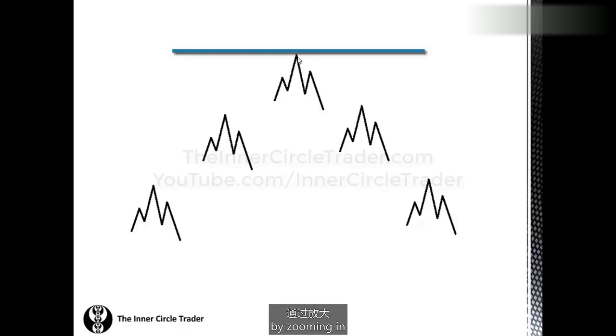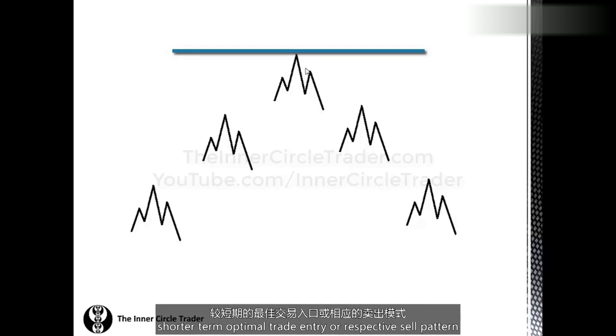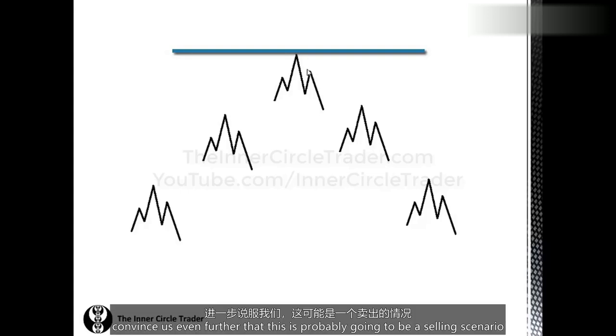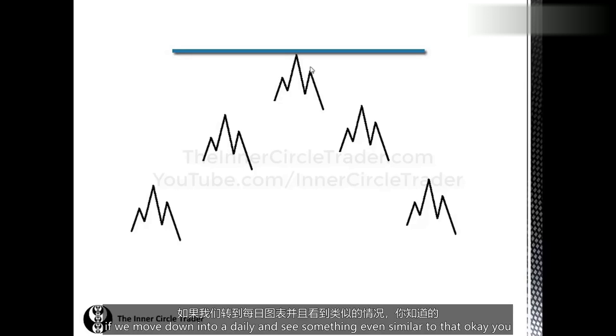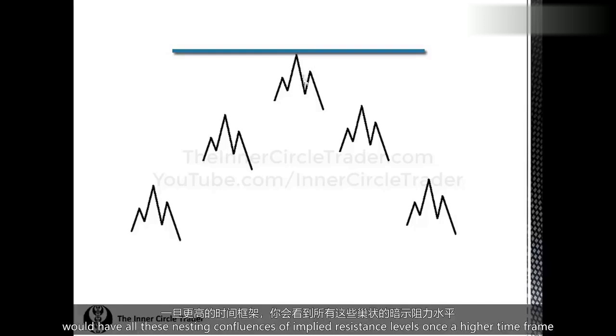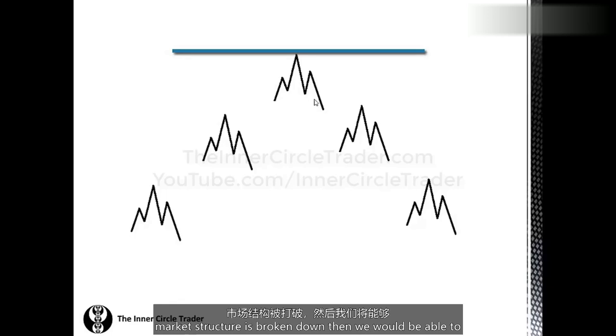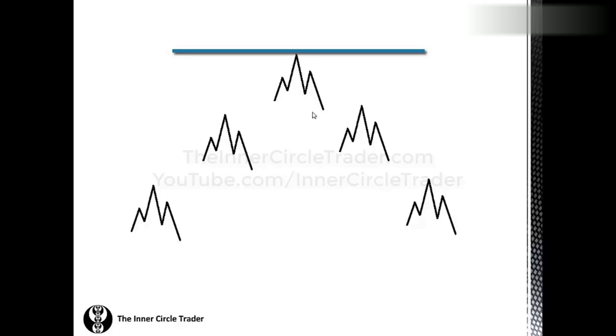And then by zooming in, we would possibly see a shorter term optimal trade entry or respective sell pattern to convince us even further that this is probably going to be a selling scenario. And if we move down into a daily and see something even similar to that, you would have all these nesting confluences of implied resistance levels. Once a higher time frame market structure is broken down, we would be able to position ourselves in sync with a top-down approach with market structure.